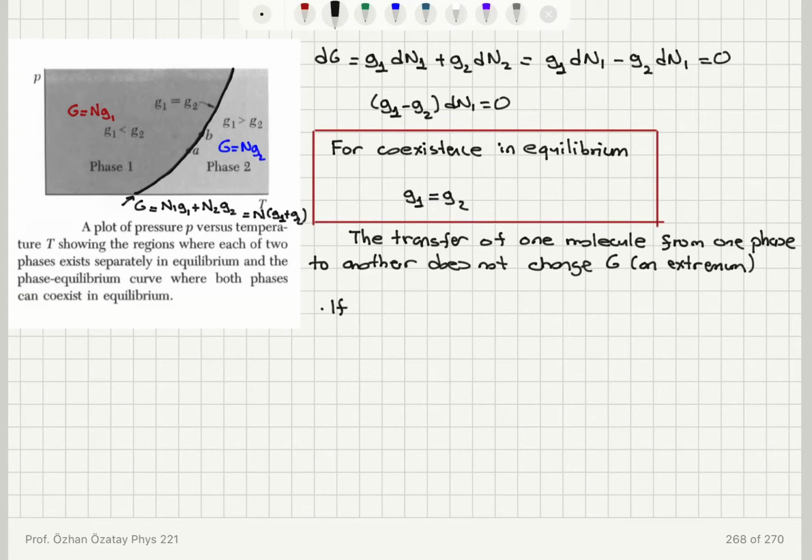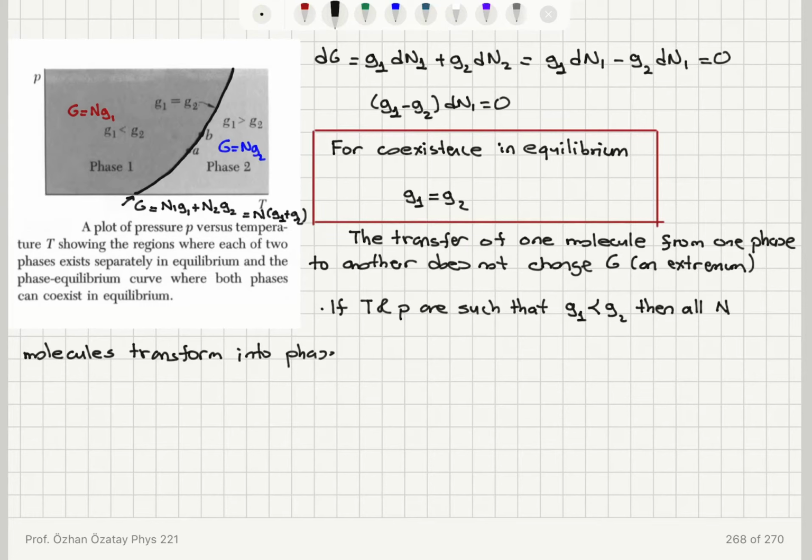If temperature and pressure are such that the Gibbs free energy per molecule in phase 1 is less than the Gibbs free energy per molecule in phase 2, then all N, capital N, molecules will transform into phase 1, so that the total Gibbs free energy, capital N G1, is a minimum.